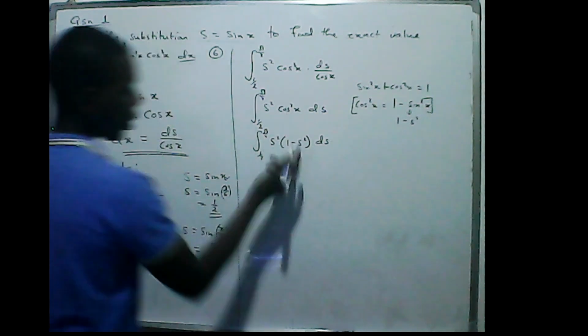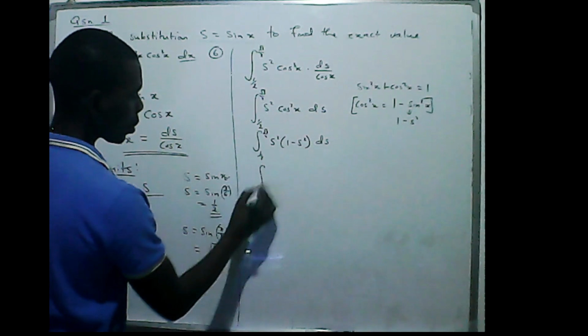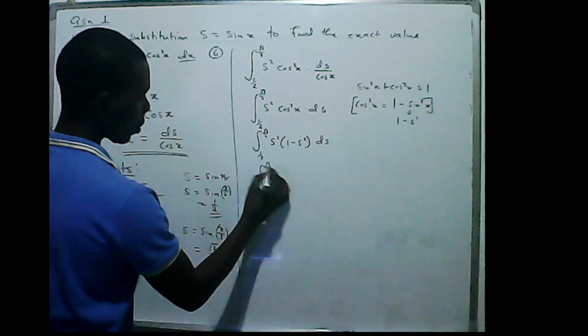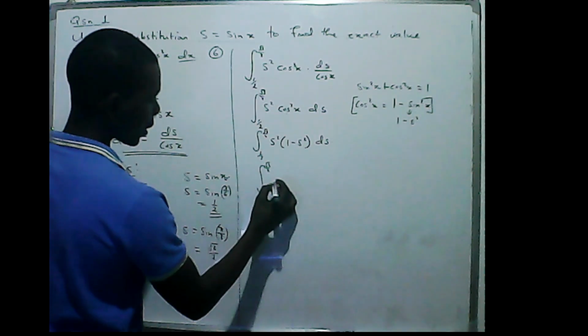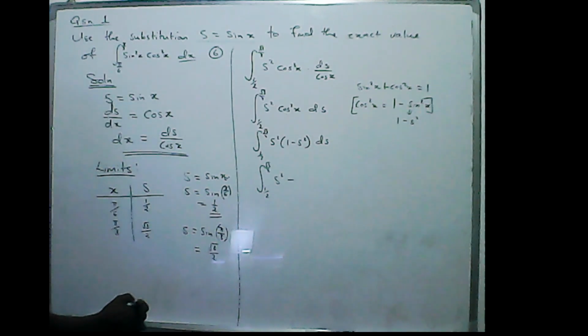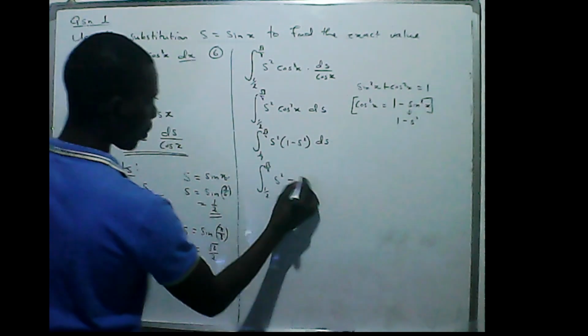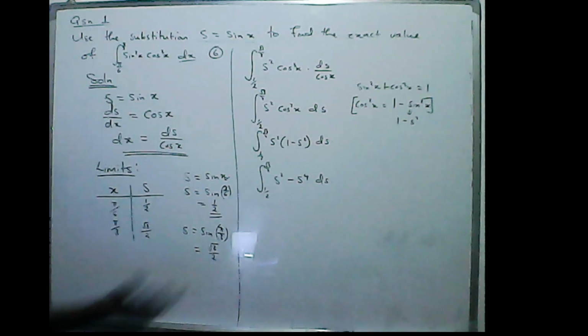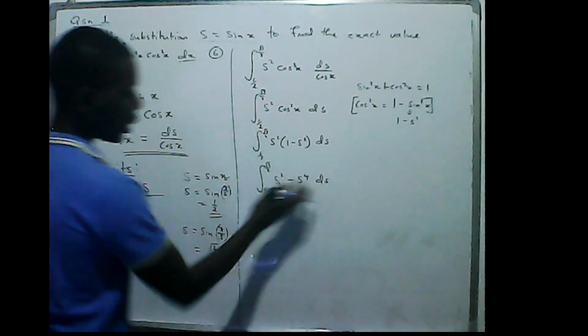Now integrating this function, we have s squared times 1, that's s squared, minus s squared times s squared, that will be s to the power 4, ds. Now we integrate each term with respect to s.